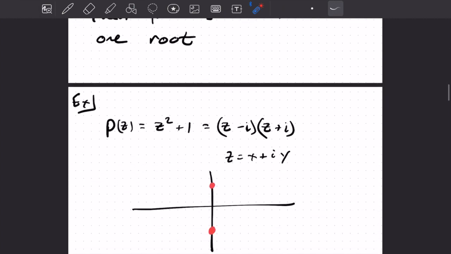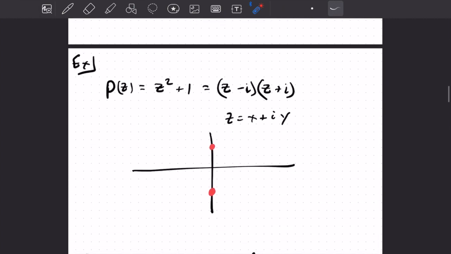Just as an example here, if we say P of z is z squared plus 1, well, we know if we're in the real numbers, we can't factor that, but in the complex numbers, we can factor it, z minus i, z plus i, and so we see i and minus i in the complex plane, these things are going to be 0. So this has 2 zeros in this case, but the fundamental theorem of algebra guarantees us at least one.